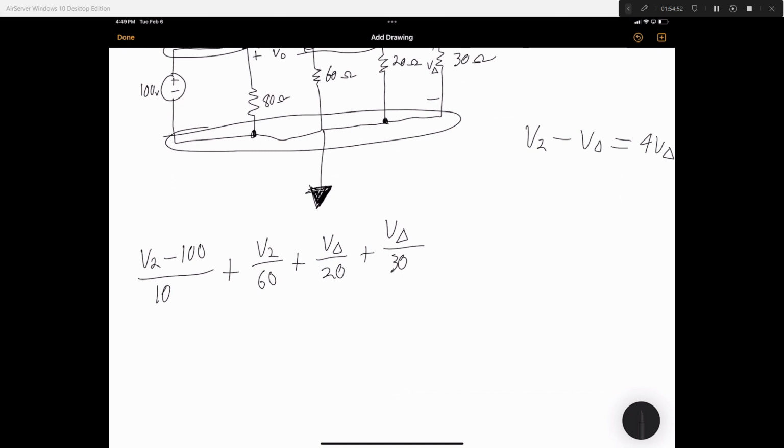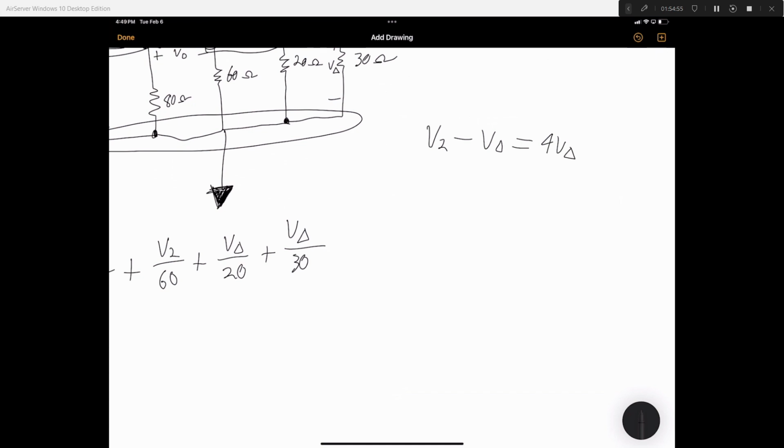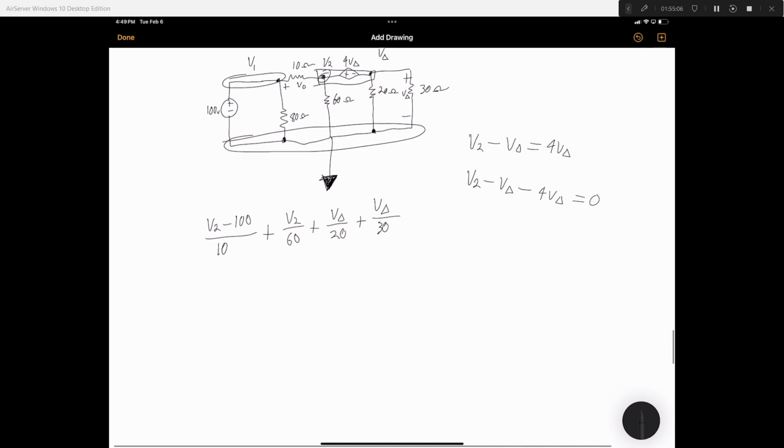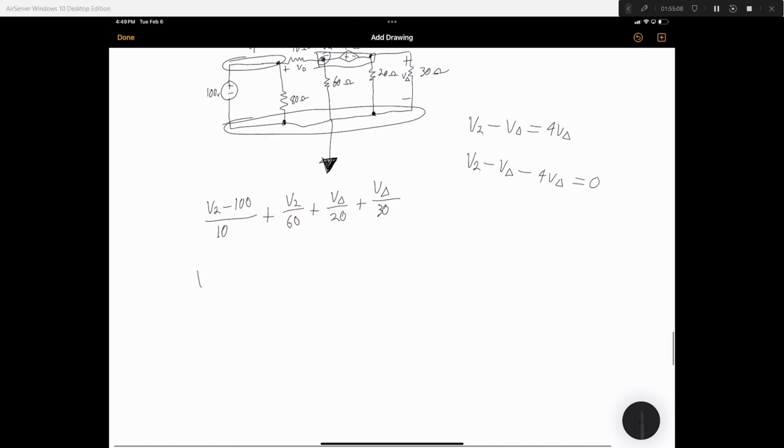Okay. So we can subtract that over. We can have V2 minus V delta minus 4 V delta gives us 0. Right. So now let's keep them separated.